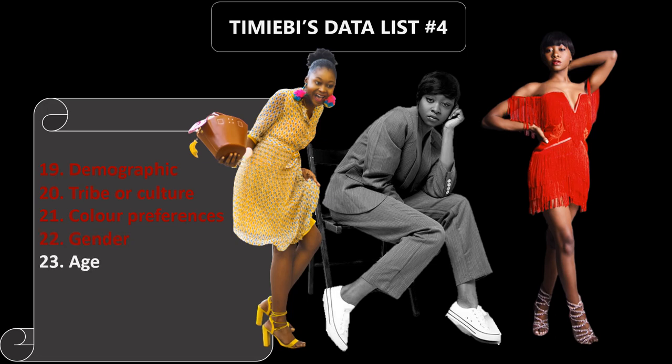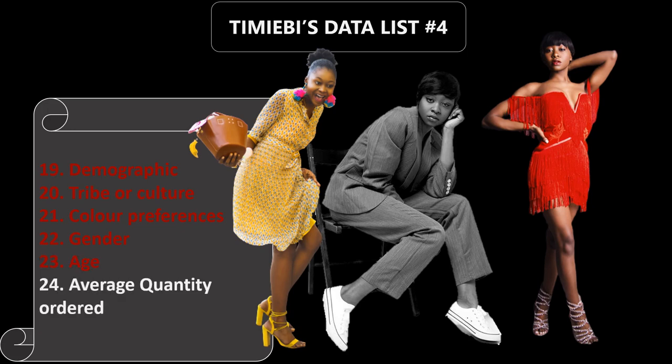Age also is listed under demography, is part of demography. Age is as equally crucial as gender. They both give valuable data in the visualization stage. When we get to that, we'll talk more about it.